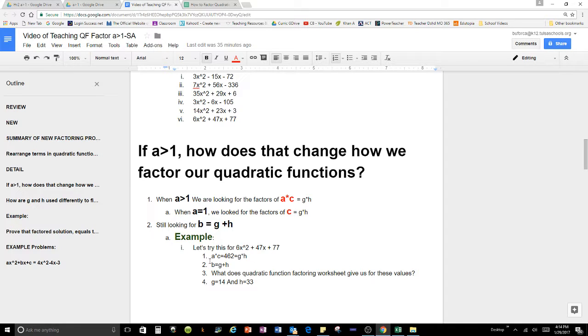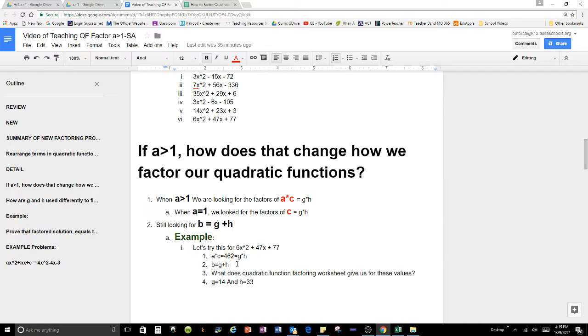So let's look at this equation here: 6x squared plus 47x plus 77. We want a g times h that is equal to a times c. Here a is 6, c is 77. So 6 times 77 is 462. So we need factors g and h that will equal 462.